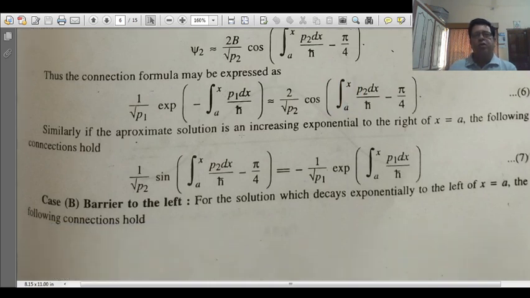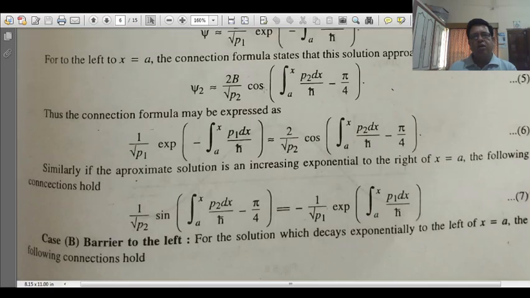Similarly, if the approximate solution is an increasing exponential to the right side, that means the exponential is increasing to the right, then the connection formula is shown by this relation.